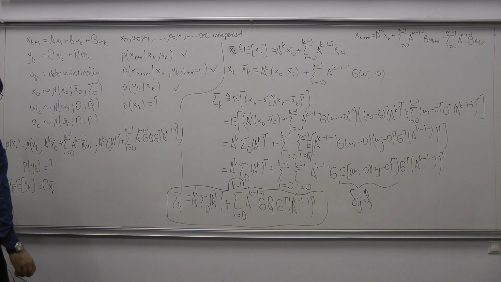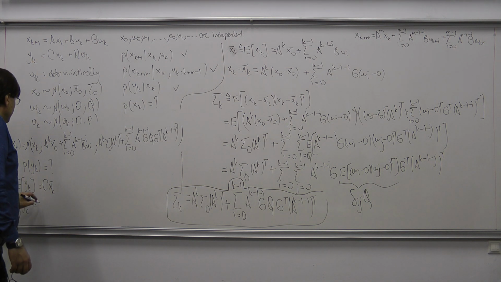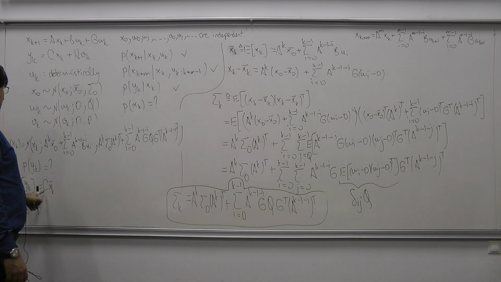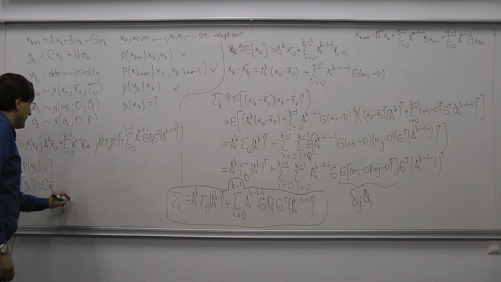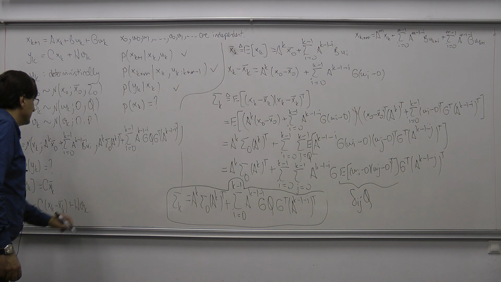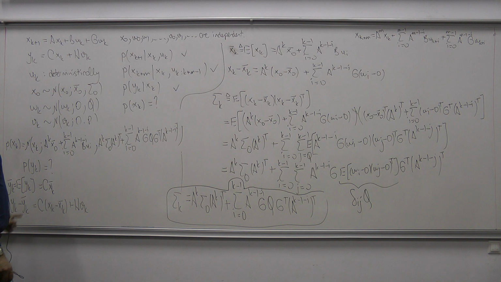Let us calculate y_k minus y_k bar. In this case, it would be C times x_k minus C times x_k bar. So this is C times (x_k minus x_k bar), plus H v_k. We see here that y_k is composed of this error term. Sometimes we are going to call this the error.